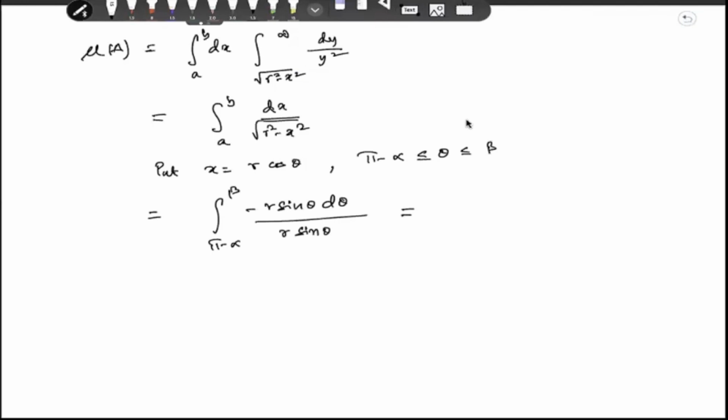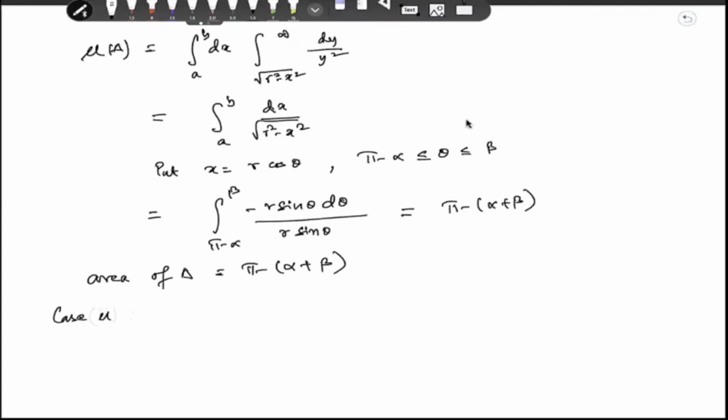So this integral is nothing but pi minus alpha plus beta. Okay, so therefore area of this delta in this particular case is equal to pi minus alpha plus beta. Now case 2 is the general thing.